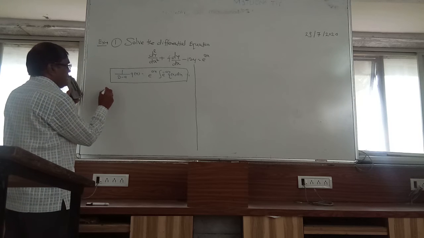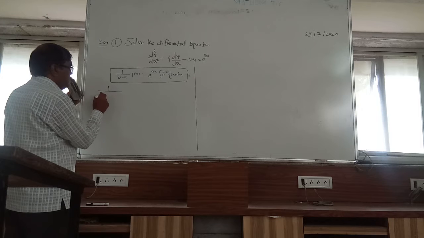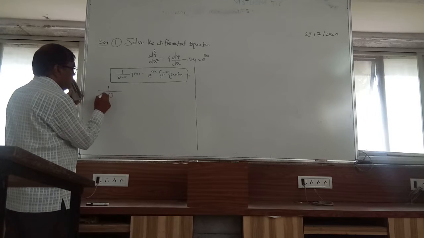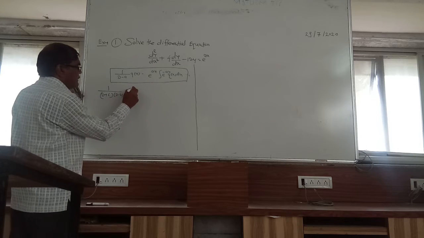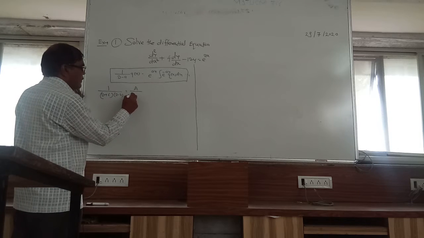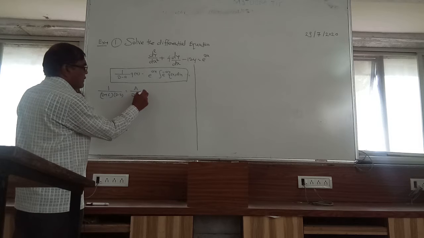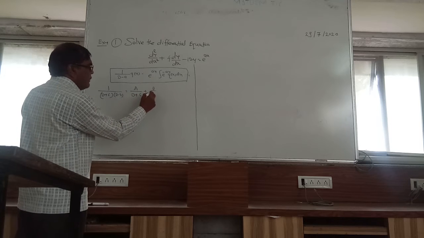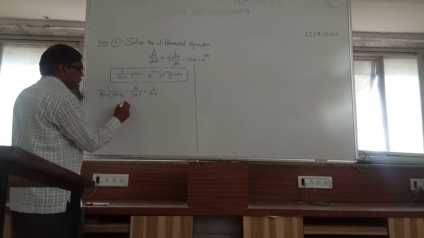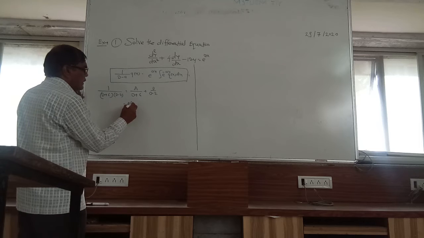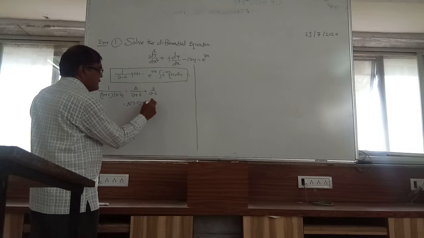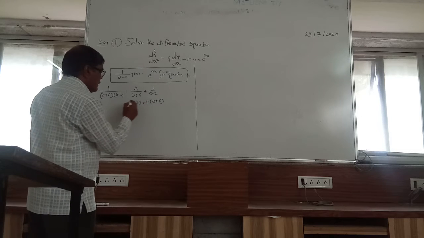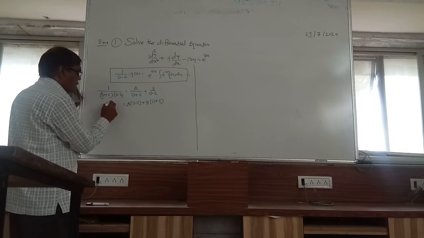So we have the factors as the second method, that is d plus 6 into d minus 2. So we can resolve this by partial fraction as A upon d plus 6 plus B upon d minus 2, that equals A into d minus 2 plus B into d plus 6 over the LCM, equal to 1 here.